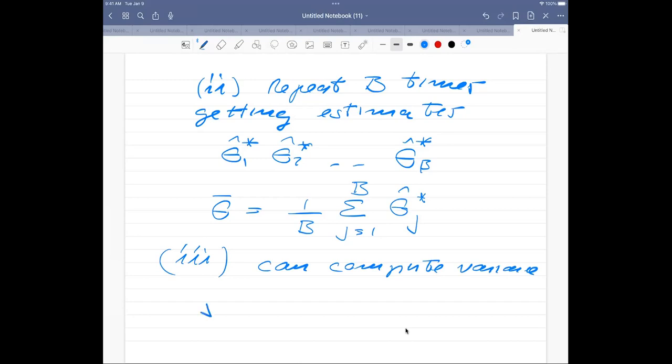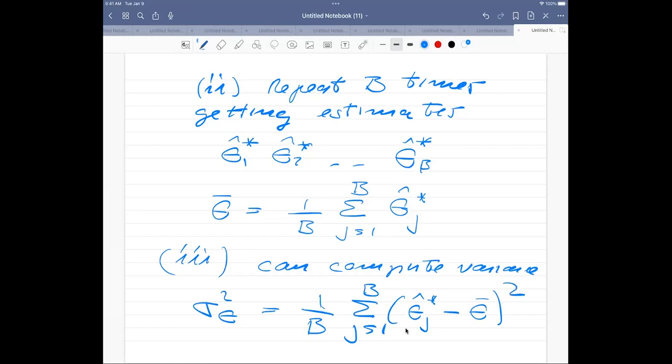And you could compute the variance of sigma of theta, which is simply 1 over B, sum over J equal to 1 up to B, of this theta J minus this theta, the average value, squared. Or you can compute other quantities like the mean squared error.